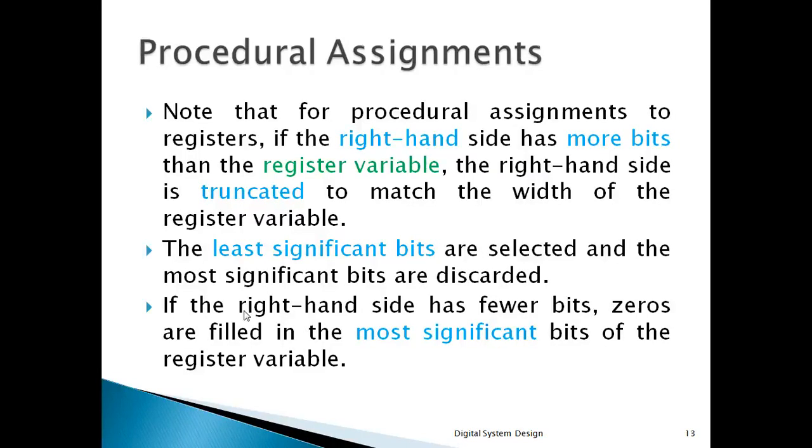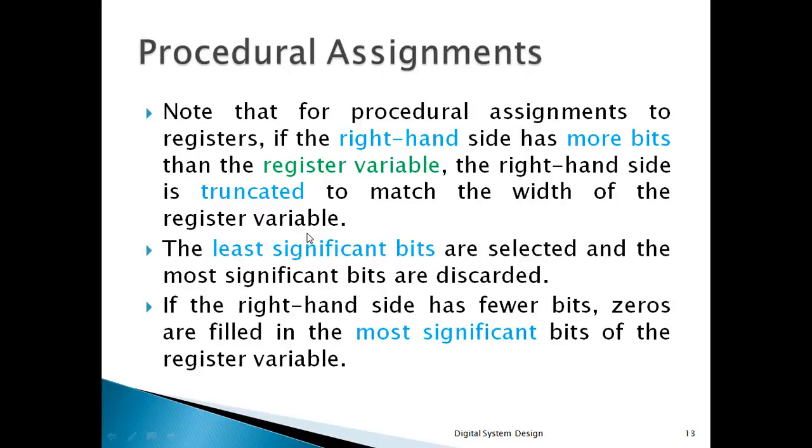Now, procedural assignments to registers. If the length of the register variable is not equal to the assignment variable, here you can see that if the right hand side has more bits than the left hand side register variable, the right hand side is truncated to match the width of the register variable.